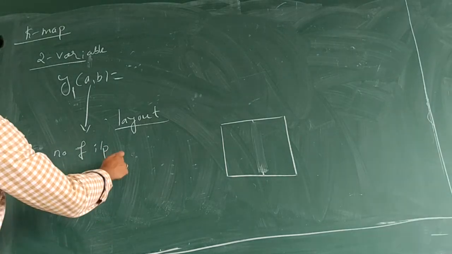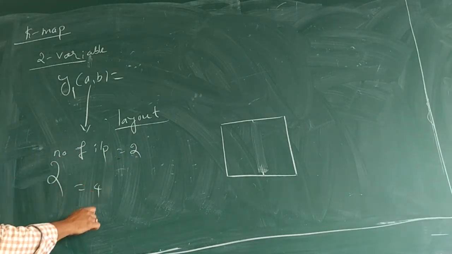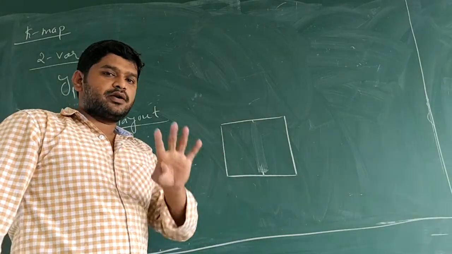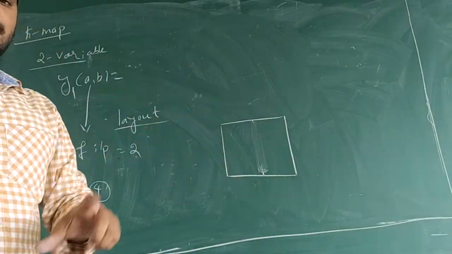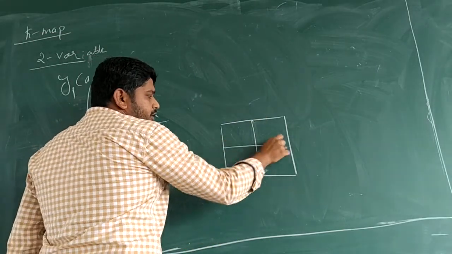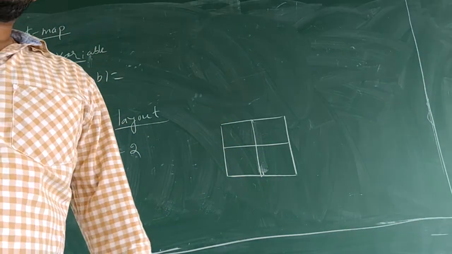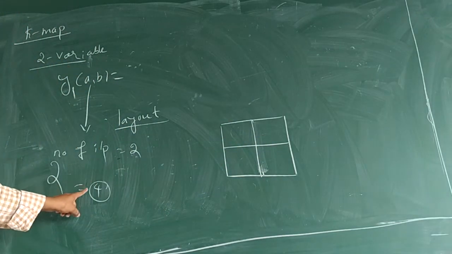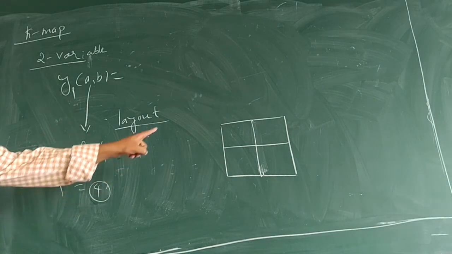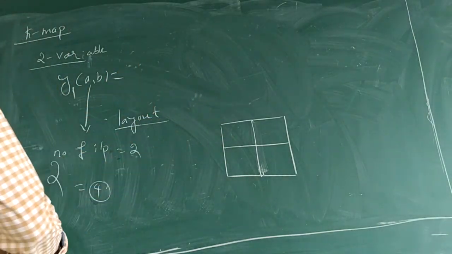What is the number of variables here? 2. Make it a power of 2, hence 4. So this big box should be divided into 4 sub squares: 1, 2, 3, 4. This 2 raised to the number of variables gives us how many small sections we have to make in the bigger part.